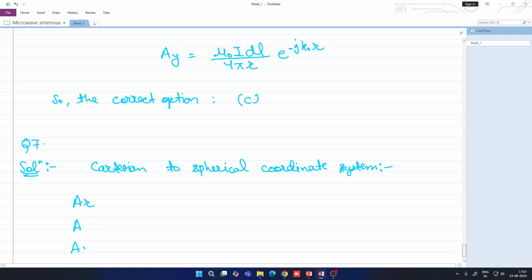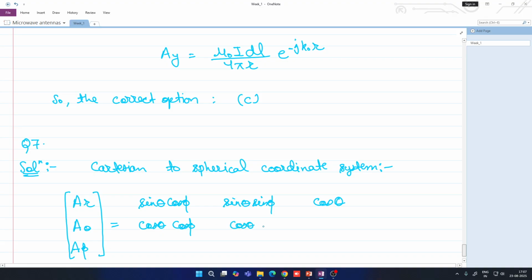We've seen similar steps in question number 1 also. The transformation matrix is: sin theta cos phi, sin theta sin phi, cos theta; cos theta cos phi, cos theta sin phi, minus sin theta; minus sin phi, cos phi, 0.